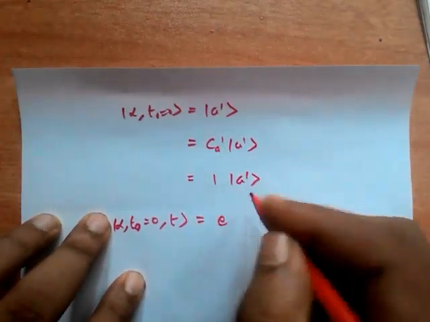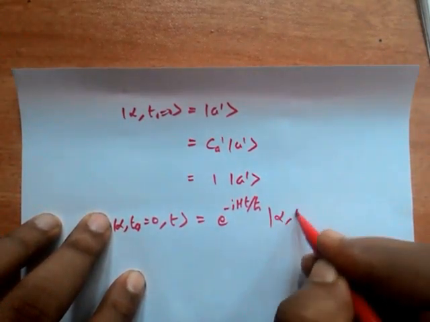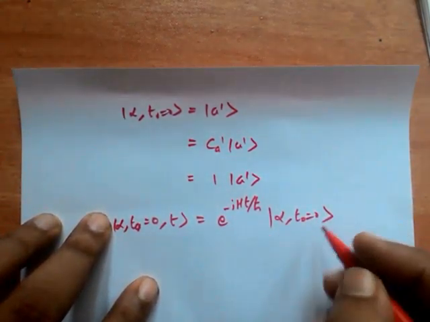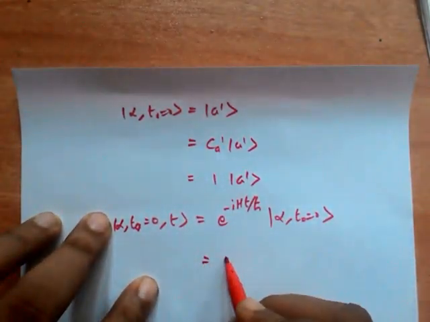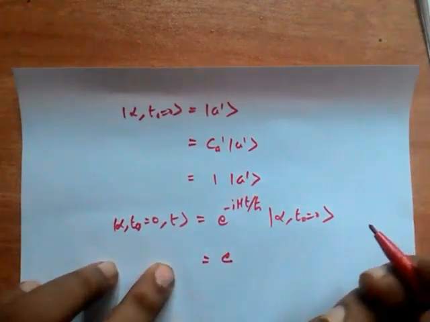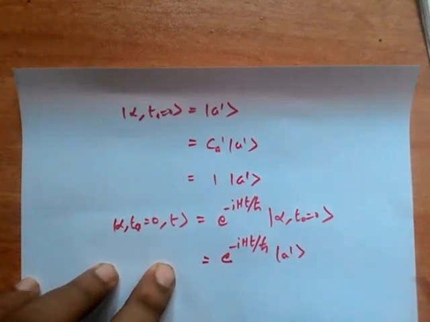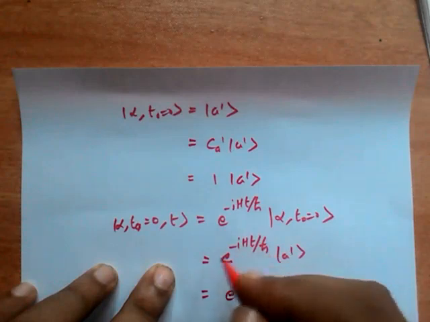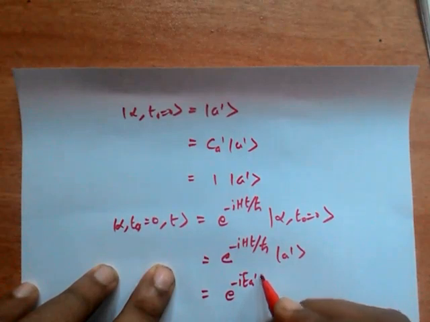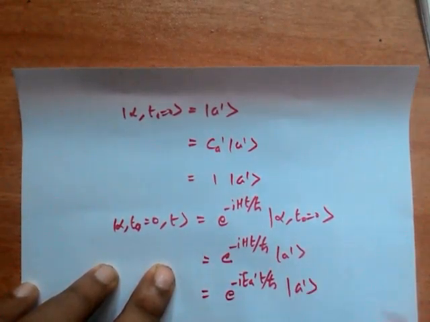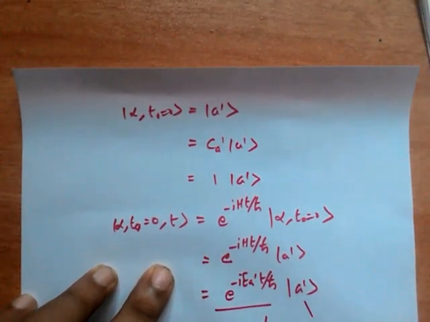That operator is, we know, e raised to minus iHt over h cross acting on alpha at t_0 equal to 0. So alpha at t_0 equal to 0, we know, is base ket |a'>. So we can write e raised to minus iHt over h cross acting on |a'>, and this is equal to e raised to the eigenvalue. We have earlier proved that e raised to minus i E_a' t over h cross is actually the eigenvalue, and |a'> is the eigenket.